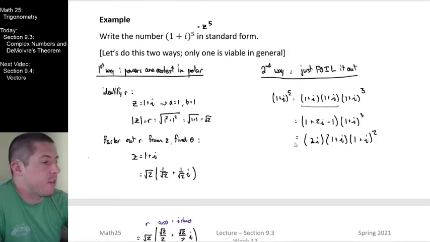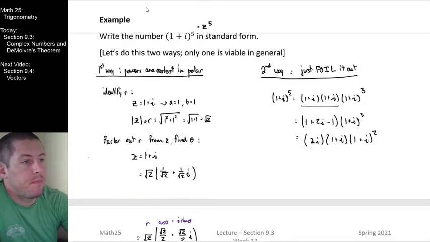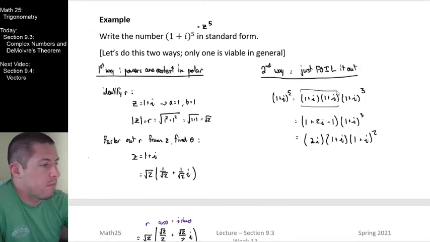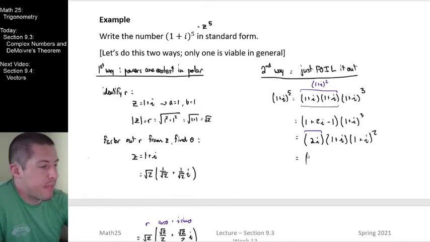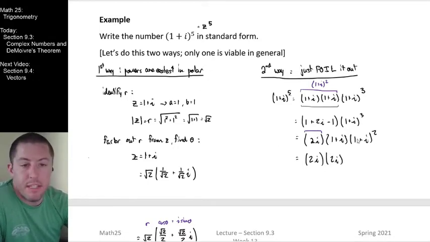But here's what I'm really seeing. I've already done a 1 plus i squared, and what I got from it was 2i. So what I'm thinking to myself now is this. It seems like this should be 2i from 1 plus i squared. It seems like this should be 2i again from 1 plus i squared.